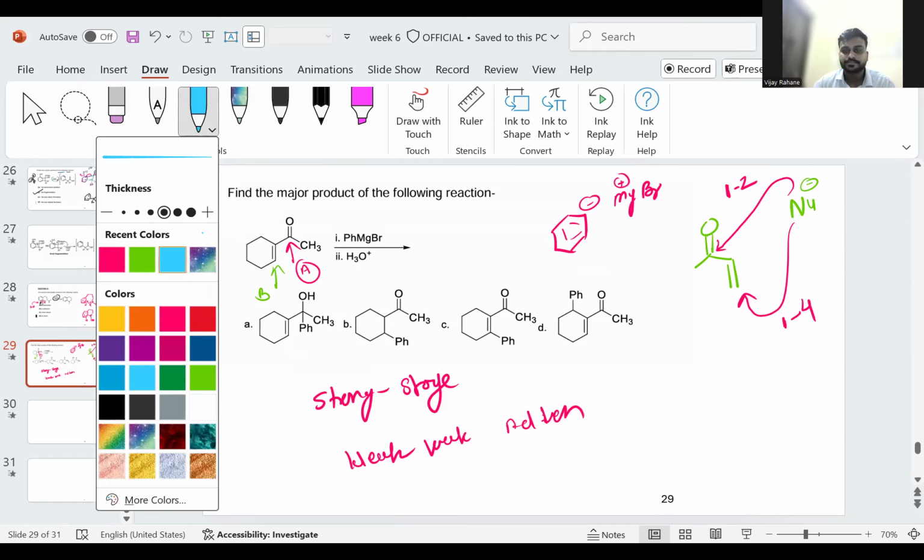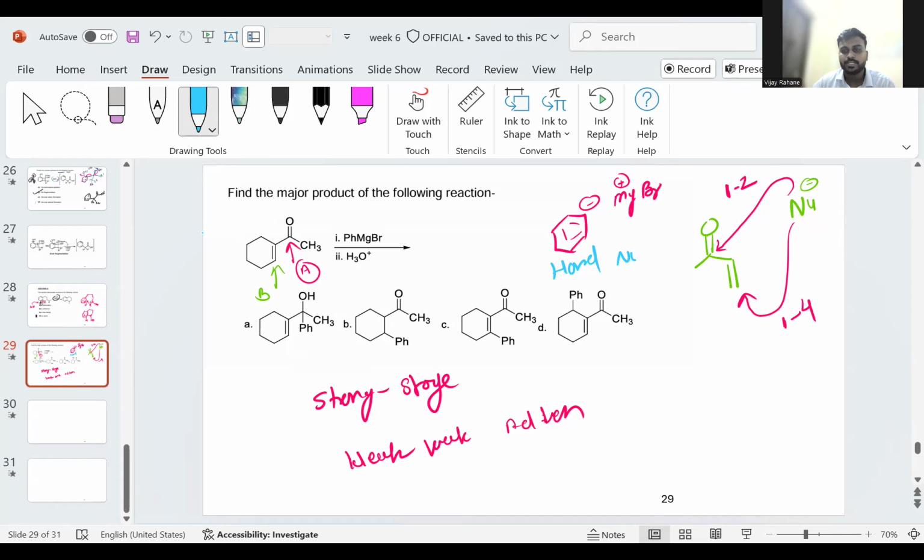So this is a hard nucleophile, or strong nucleophile, and therefore it shows 1-2 addition, right? 1-2 addition means addition at this carbon is more preferred.